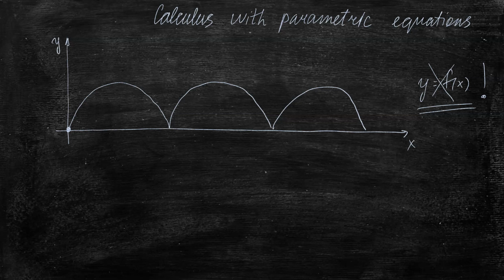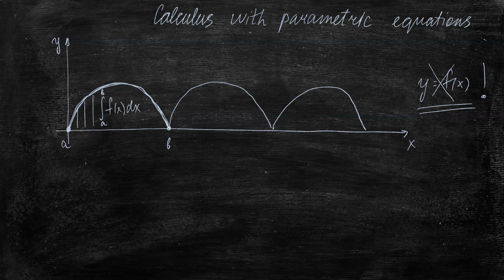And for instance, if you want to find the length of this arc, you won't be able to do this because it's not a function. If it was a function, then we would have been able to find this area as an integral. Let's say from a to b, we would find the area of a function.